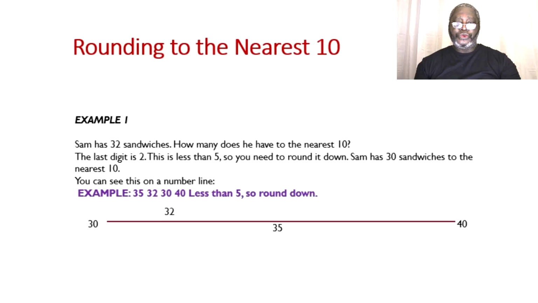So you need to round it down. Sam has 30 sandwiches to the nearest 10. Or you say Sam has about 30 sandwiches to the nearest 10. So you can see this on the number line above. The line at the bottom there is the number line, and it's very easy for us to label them by numbers so that we're able to visualize what we're talking about.